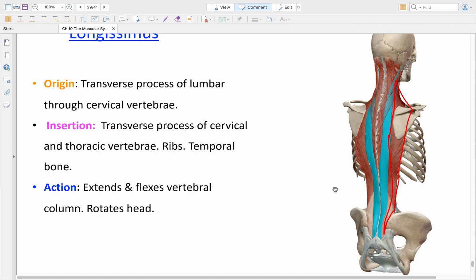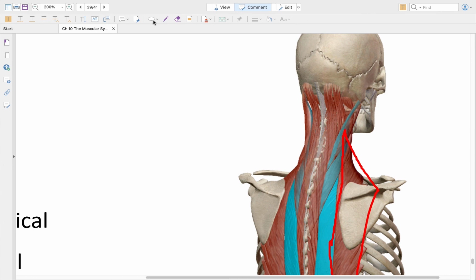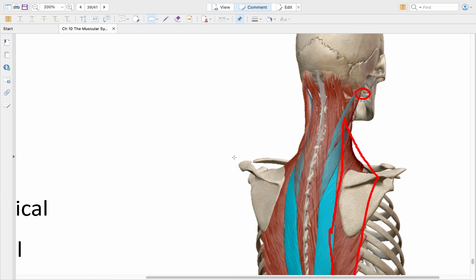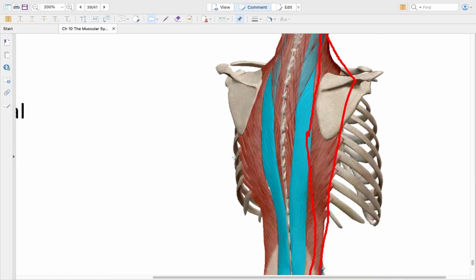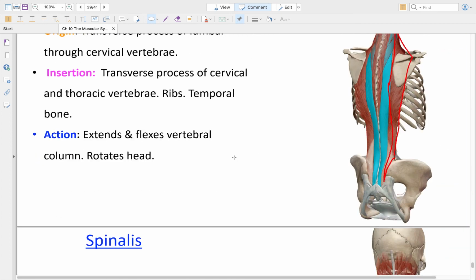It will also insert on the ribs and the temporal bone. I can't see the rib insertion, but we can definitely see the temporal bone insertion over here. That's a big one. Do we see the ribs at all? I think that if you flip this around on Visible Body, you can see the insertion point.